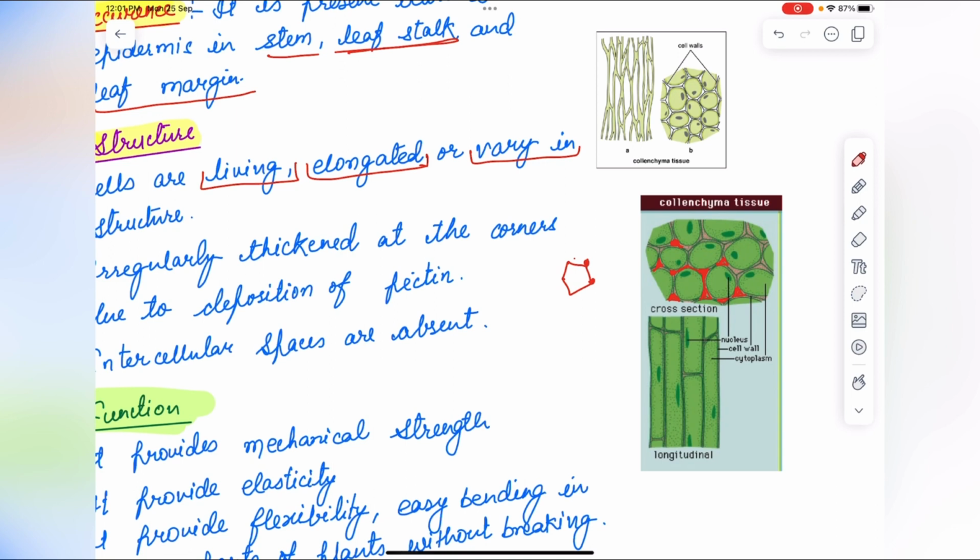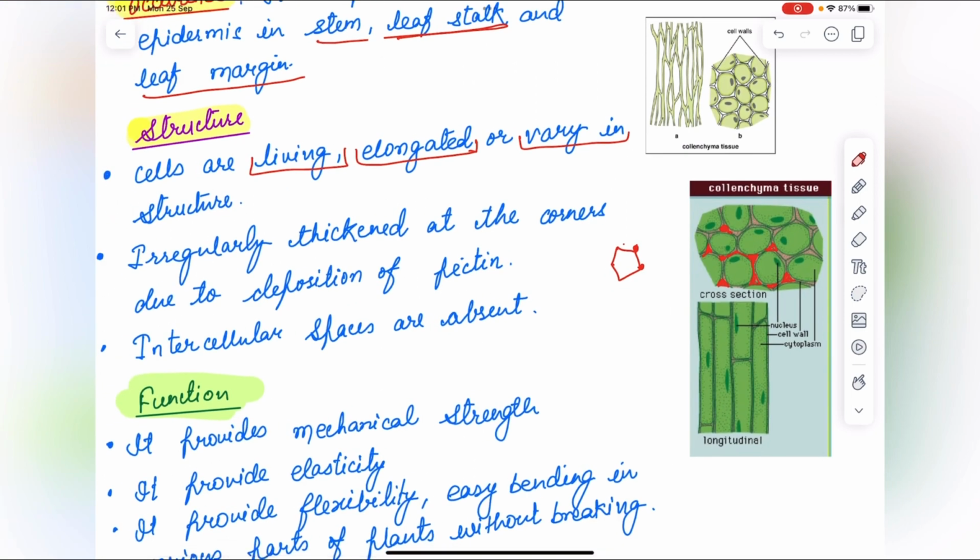It is present in the leaf margins and leaf stalk, this is the stalk where the leaf attaches to the stem. It will be flexible. And why is it flexible? So that it can be attached with the stem.